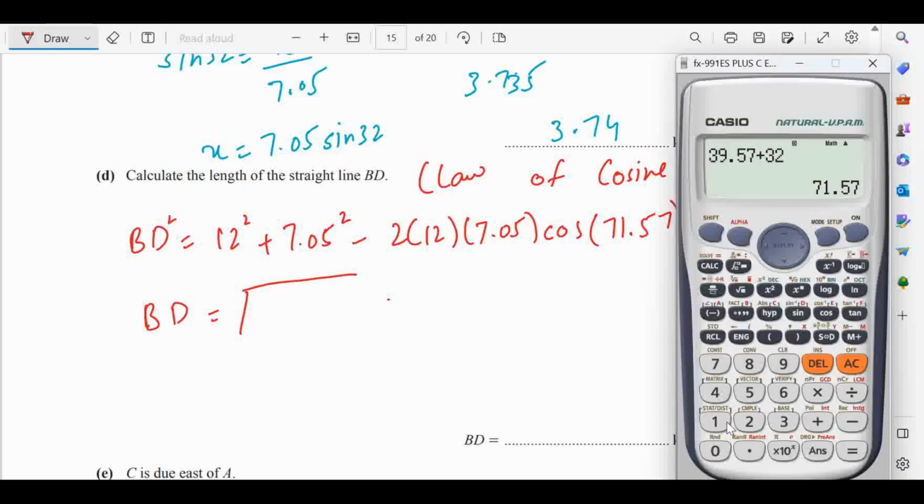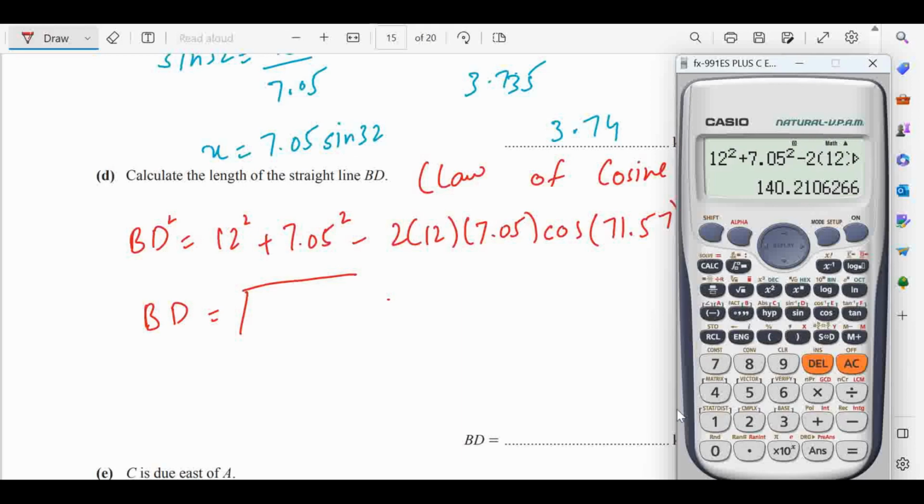So let's calculate it. 12 square plus 7.05 square minus 2 into 12 into 7.05 into cos of 71.57.